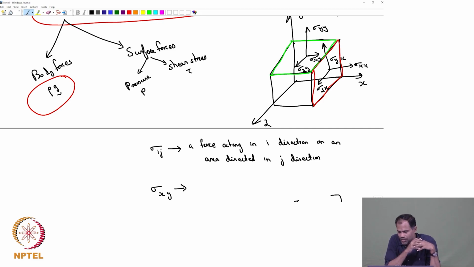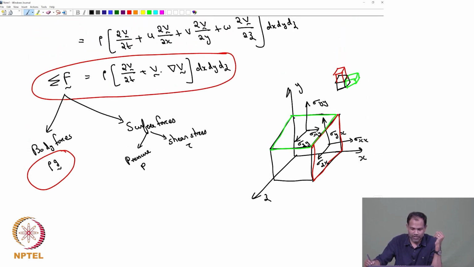Now, what we really need is to write down how these stresses come as part of the force that we are talking about, because that is the expression that we are really looking for. In other words, we need to write down the stresses as forces. We have already done that in the context of an equilibrium system, a fluid which was not flowing, a static fluid, and there we found that the force is essentially written as gradient of pressure.